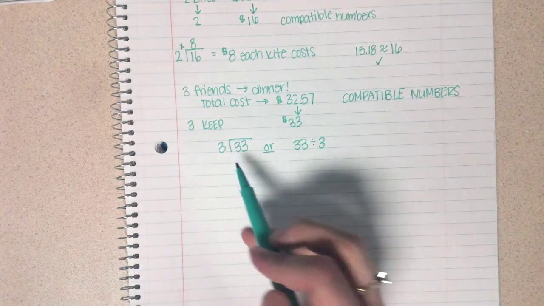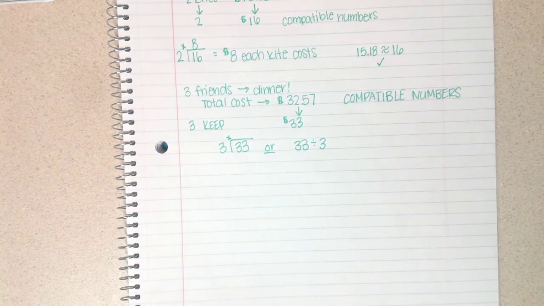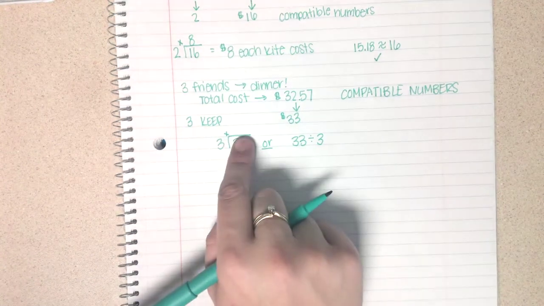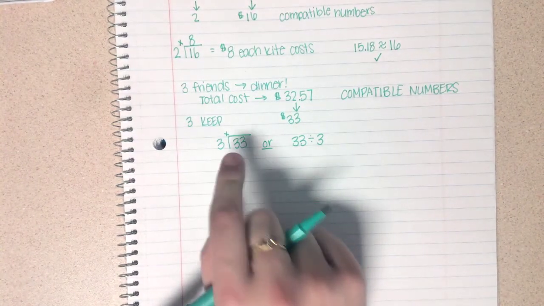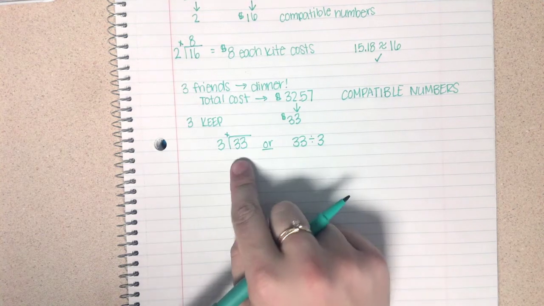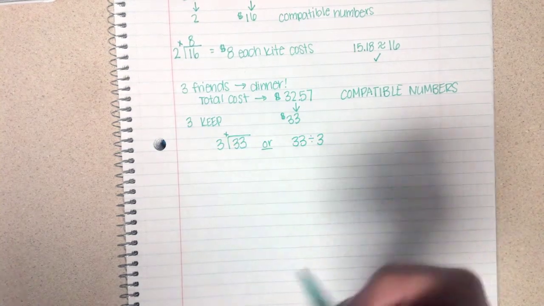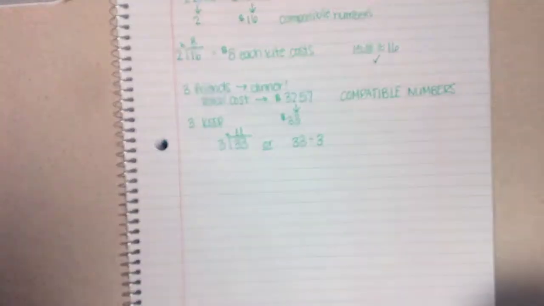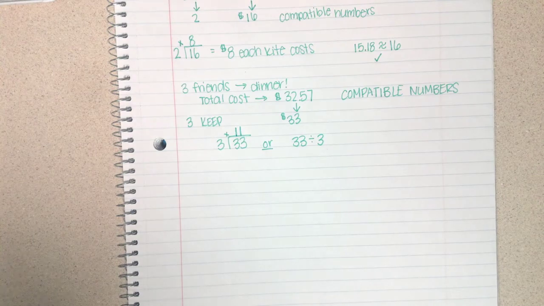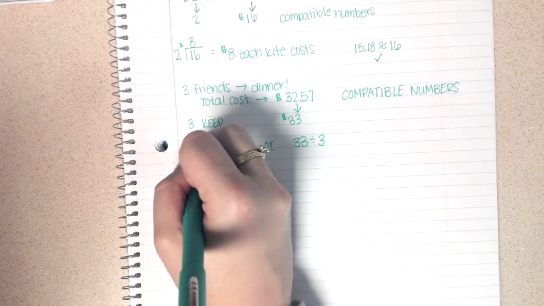I personally like this because I like to put my little X to remind myself that I'm taking this number times this number in order to get this number. But if this makes more sense to you, please do it this way. All right, so 33 divided by 3, or basically what times 3 is going to give me 33? I know that that is 11. Okay, so my answer is going to be that each friend paid about $11.